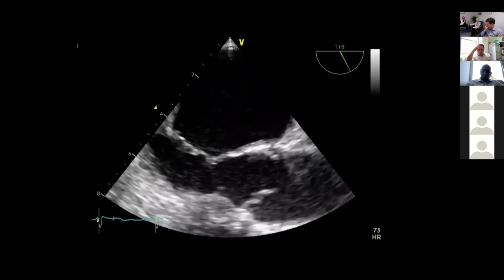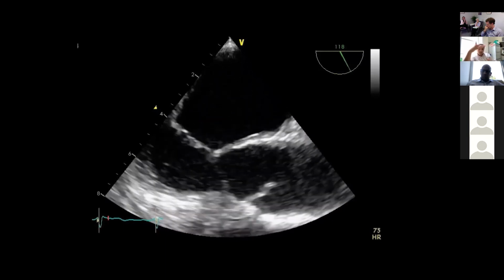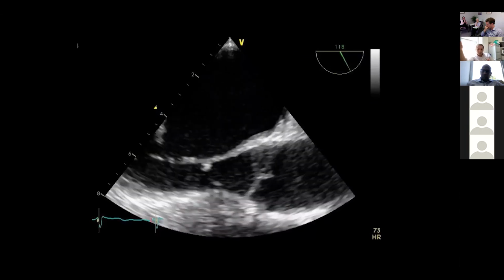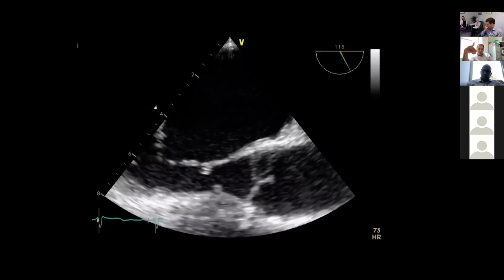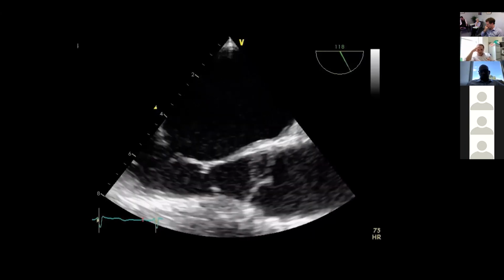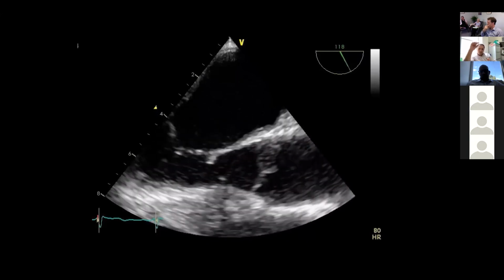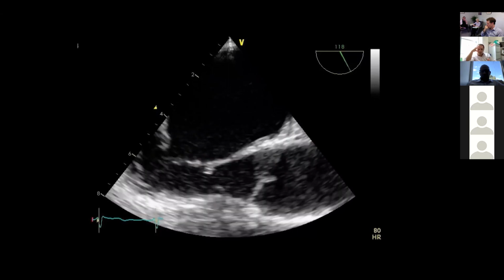That would be measuring the gradient at multiple levels and getting the whole continuity equation across the whole gradient. So we'd be able to identify it at multiple levels. And I can place the pulse wave Doppler even below the valve to identify the pressure gradient.